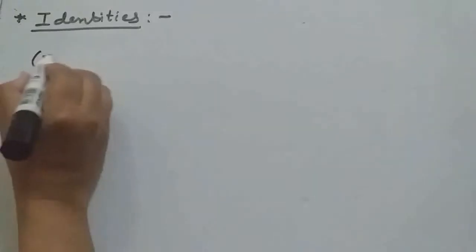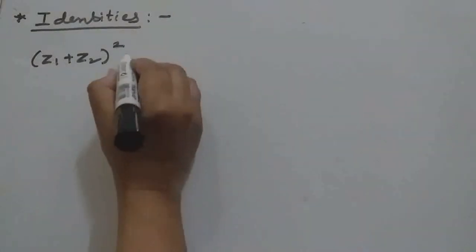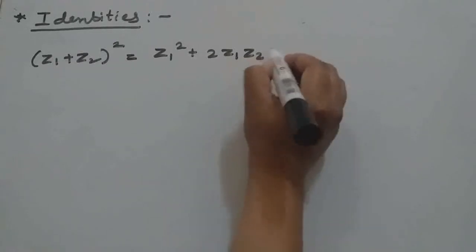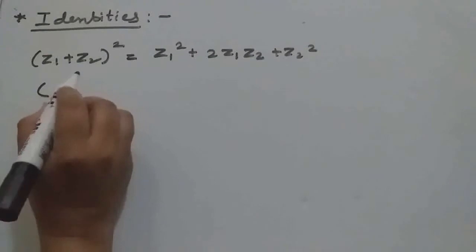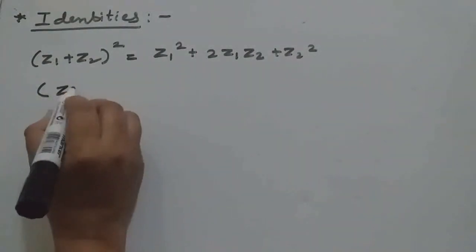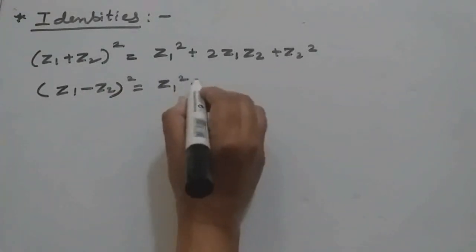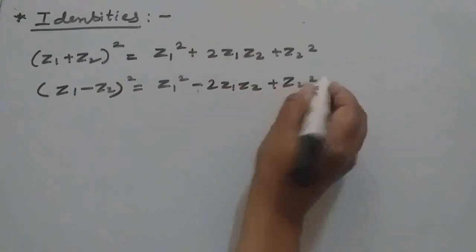Now for complex numbers we can prove the identities also. All those identities which are true in case of real numbers will be true. So z1 plus z2 whole square is z1 square plus 2 z1 z2 plus z2 square. Okay, and z1 minus z2 whole square is z1 square minus 2 z1 z2 plus z2 square.